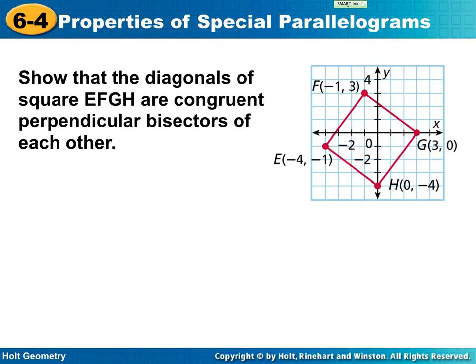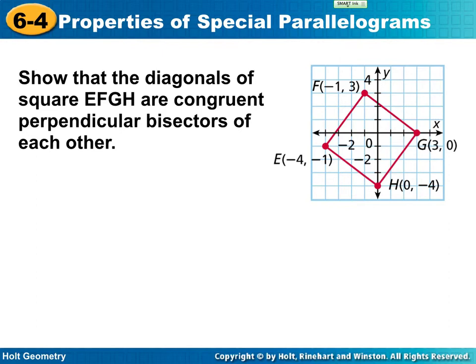Out of those three, what's going to help us show that the diagonals are congruent? Slope, distance, or midpoint? Congruent means how long they are is the same. So which formula tells us how long they are? Distance. So for that part, we'll do the distance formula.